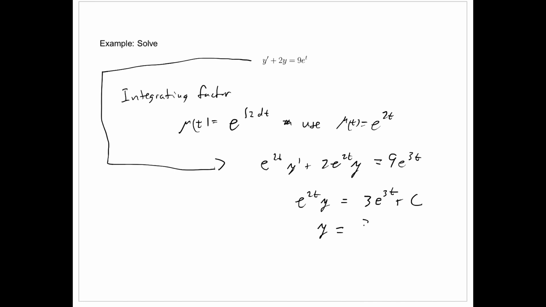Y equals 3 e to the 3t divided by e to the 2t, which is e to the t, plus, don't forget this part, c over e to the 2t, which we could also write as 3 e to the t plus c e to the minus 2t if we wanted to do that. So now we have our general solution to the differential equation.